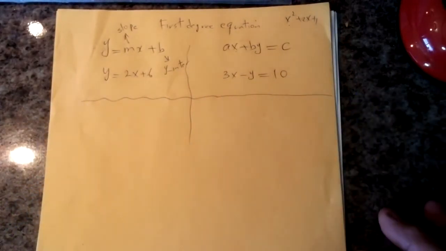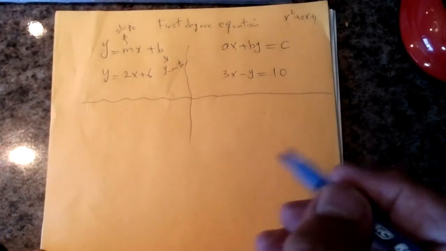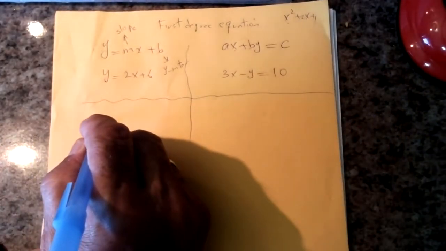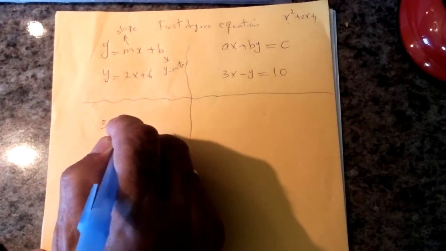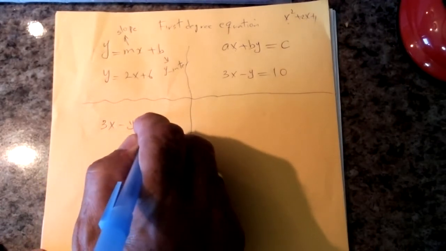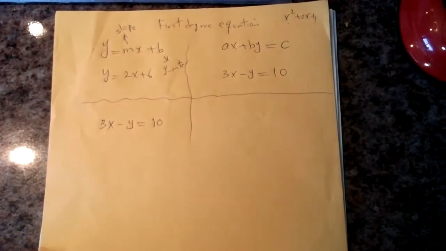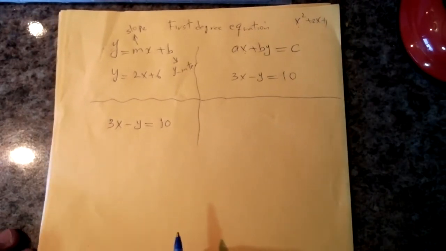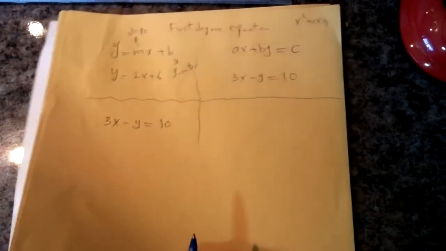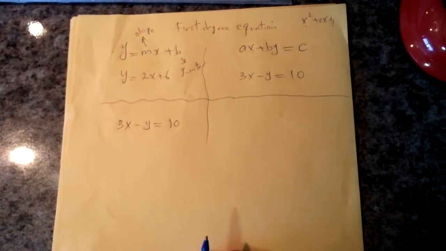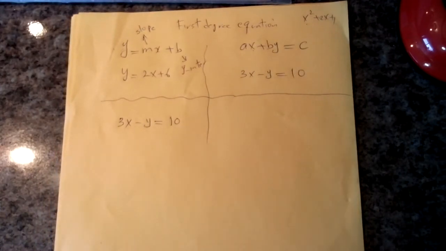Now, when I have equations like 3x minus y equal to 10, for us to graph the equation of a straight line, there are several ways to do it.